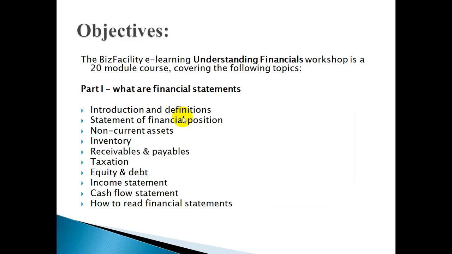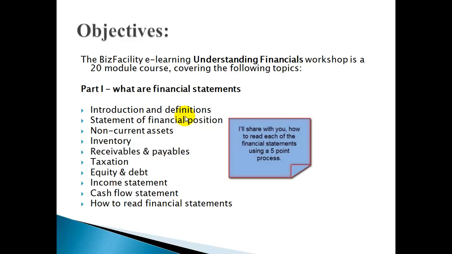We're going to look at what is a statement of financial position. We're going to look at non-current assets, things like PP&E, goodwill. We're then going to look at inventory, stock on hand, receivables and payables, taxation, equity and debt. We'll then look at the income statement, cash flow statement, and ultimately how to read these financial statements.